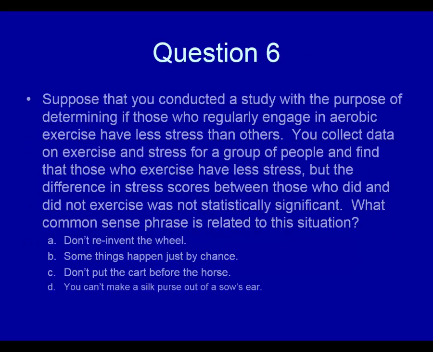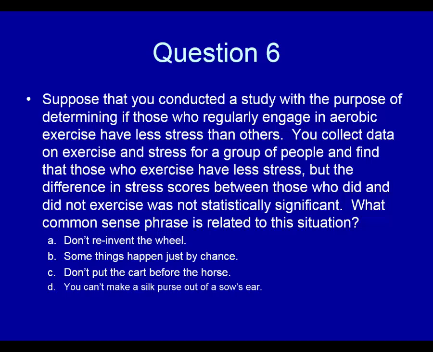Here's question number 6. We'll review that one. Here we have a situation where the data failed to be statistically significant. The issue related to statistical significance is B, some things happen just by chance.